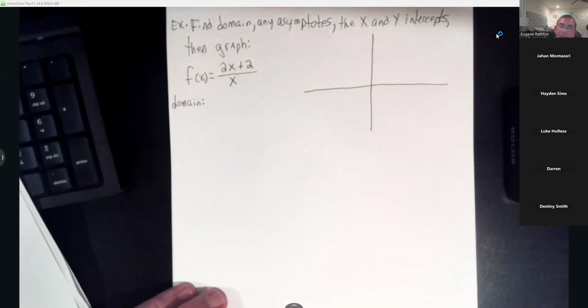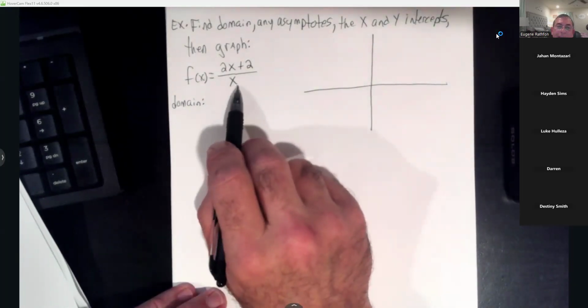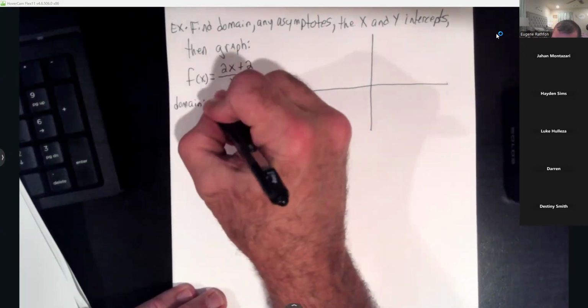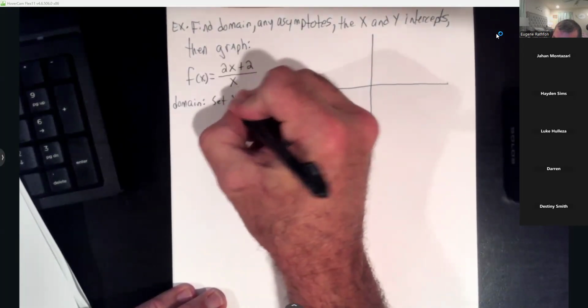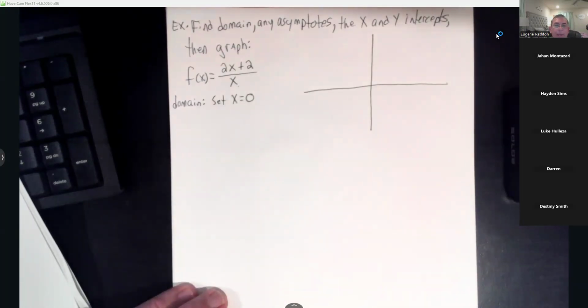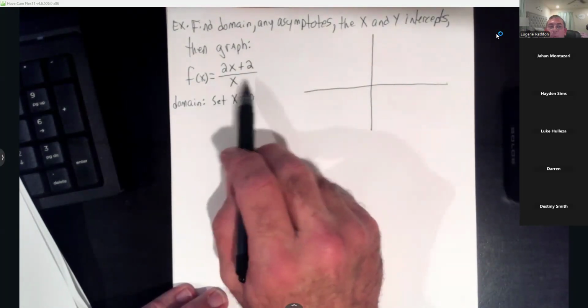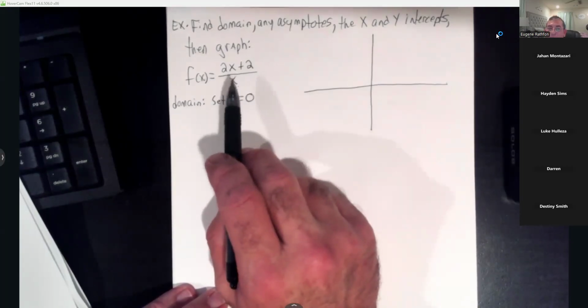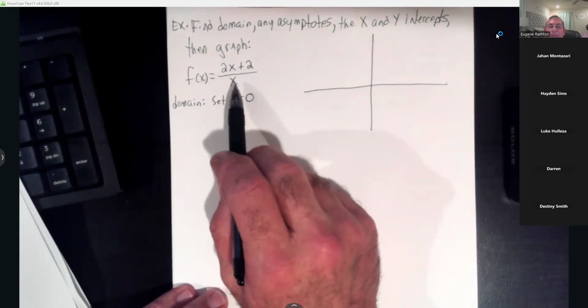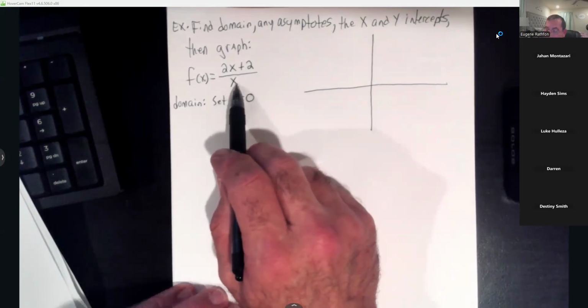The domain we're going to find, just like we did earlier, we're going to set x equal to 0. Guess what? We're done. Since there's only one variable down here without anything being added or subtracted, the only number I have to exclude from my domain is 0.